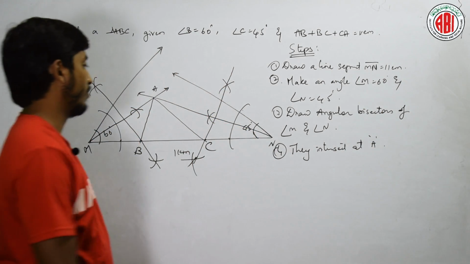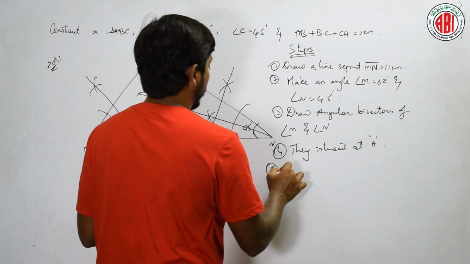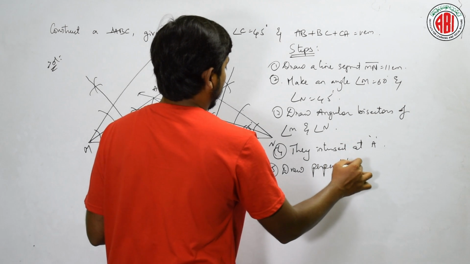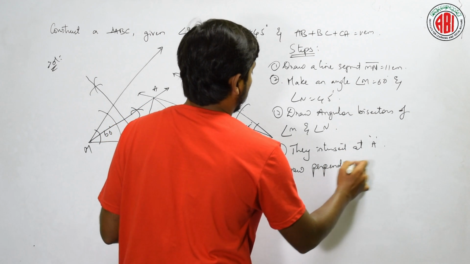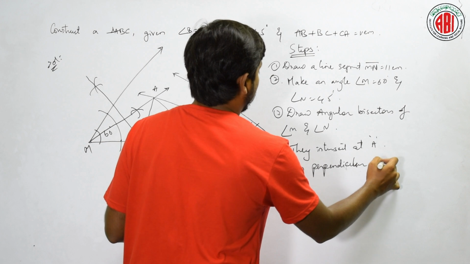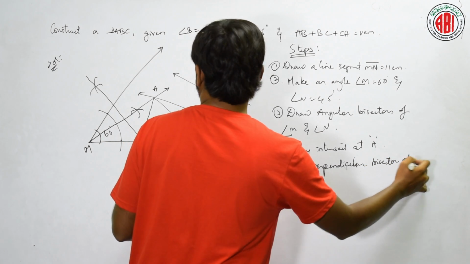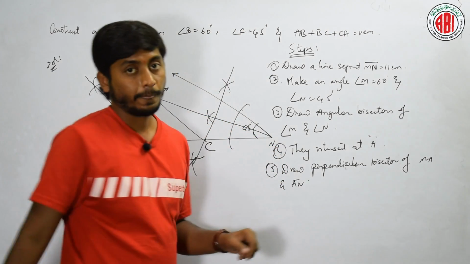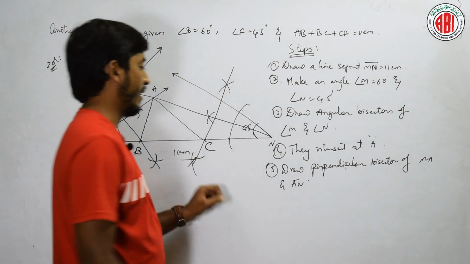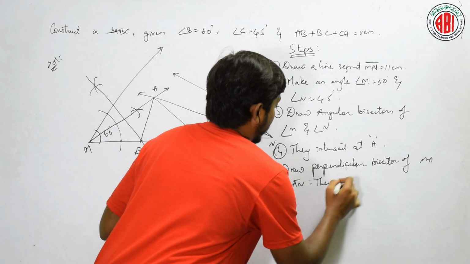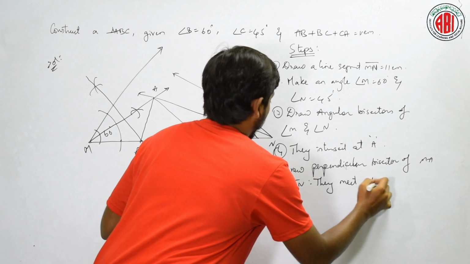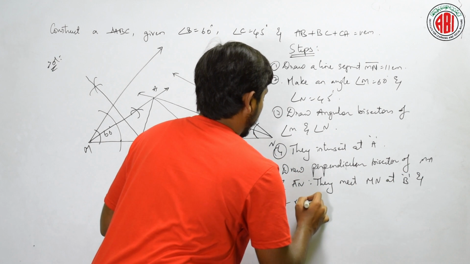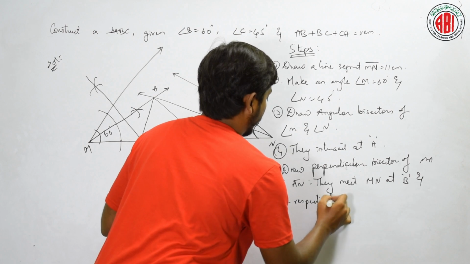Clear? Now, draw perpendicular bisectors of MA and AN. Okay. They meet MN at B and C respectively.